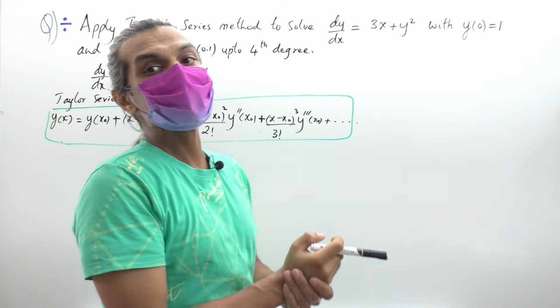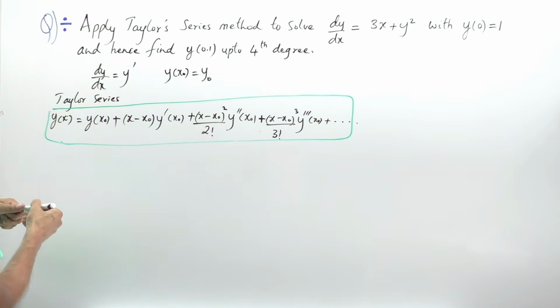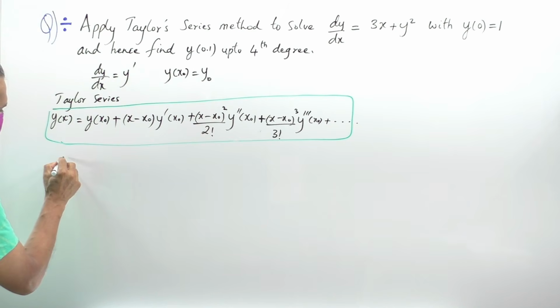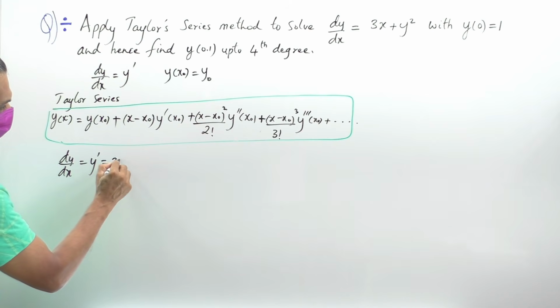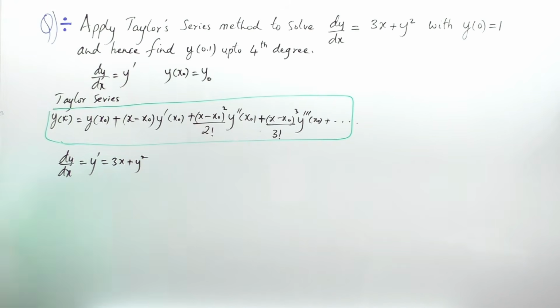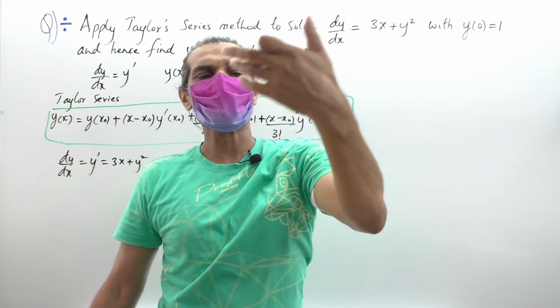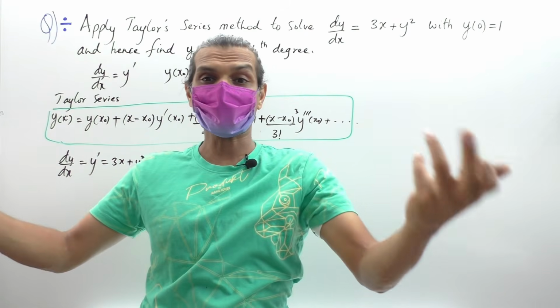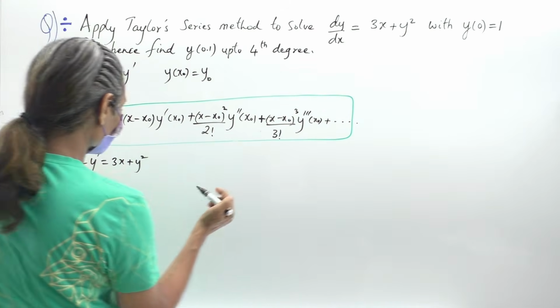Now in this problem, they have given dy over dx, that is y dash, equal to 3x plus y square. This expression may differ; they may give 3 plus y square, x square plus y square, log xy, x square, whatever it is, with y of 0 equal to 1.